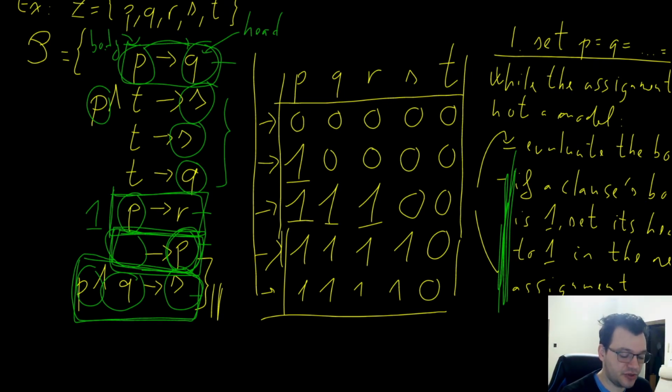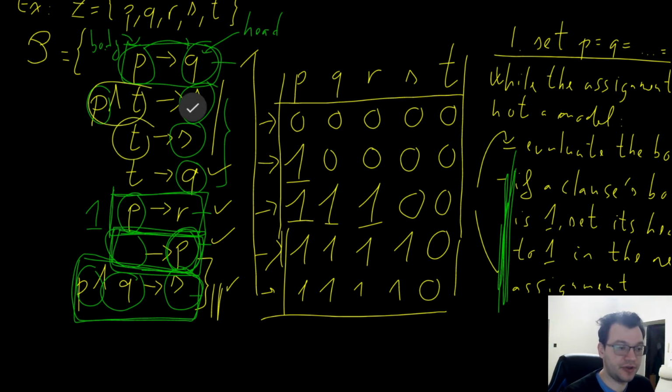But if you just check this, and then this and this and this clause gets satisfied, because their head is 1, and these two clauses get satisfied because their body is 0. So an implication is true if its body is 0 or its head is 1, which means that this is a model of a program.